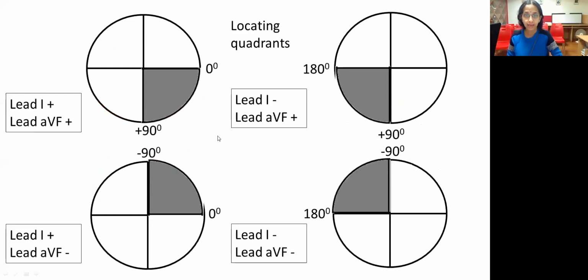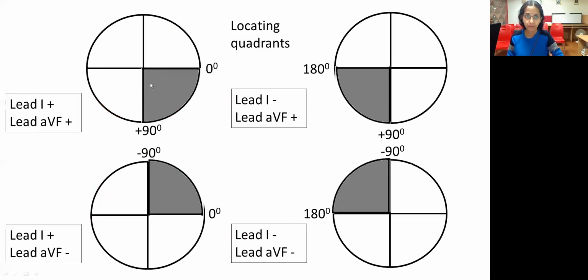Now, based on this, you will have the quadrants which will give you a fair idea of which quadrant your QRS axis is located in. For example, you take lead 1 and AVF. In this figure, we have taken lead 1 and AVF, but you can take any two leads. And in that, you can understand that lead 1 is here, and hence we decided that all positivity will come in this half of the hemisphere.